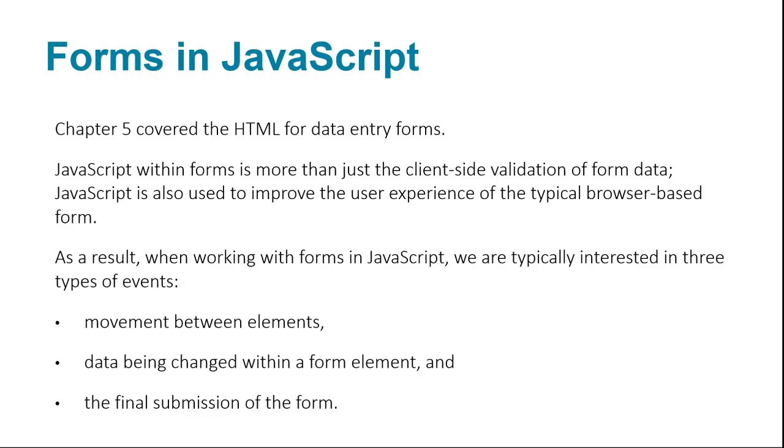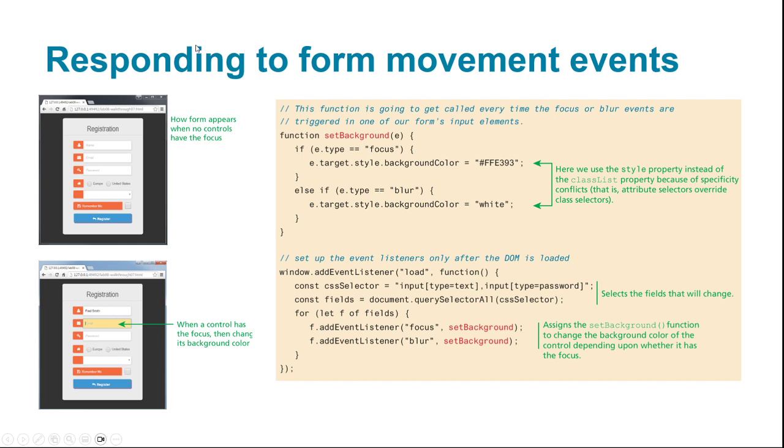All right, so first up, the first thing that we were concerned with, which was moving between elements, right? When you move between form elements, you have 2 very specific event listeners that you're using. Those are focus and blur.